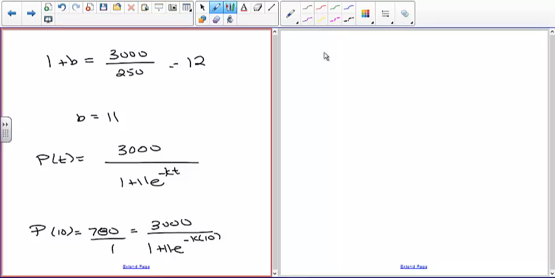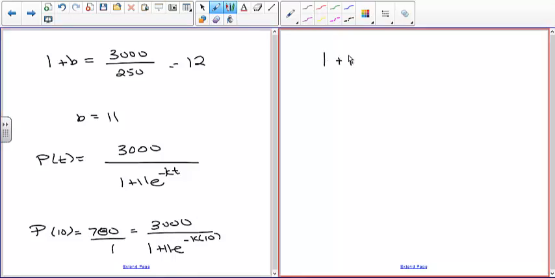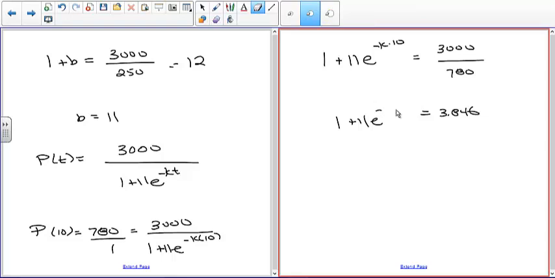So you get 1 plus 11 e to the minus 10k equals 3,000 divided by 780, and 3,000 divided by 780 is 3.846. Let's make this minus 10k here instead of minus k10. So it's going to be minus 10k.